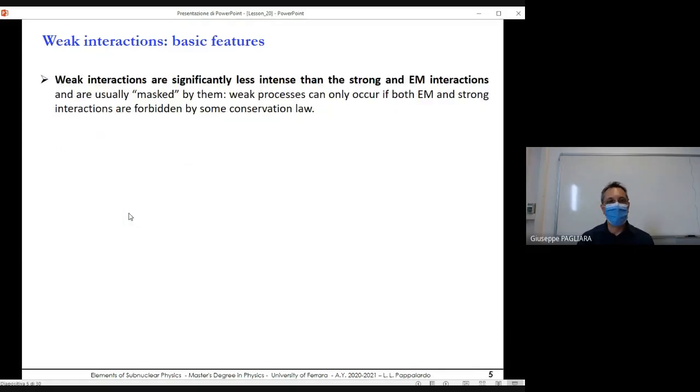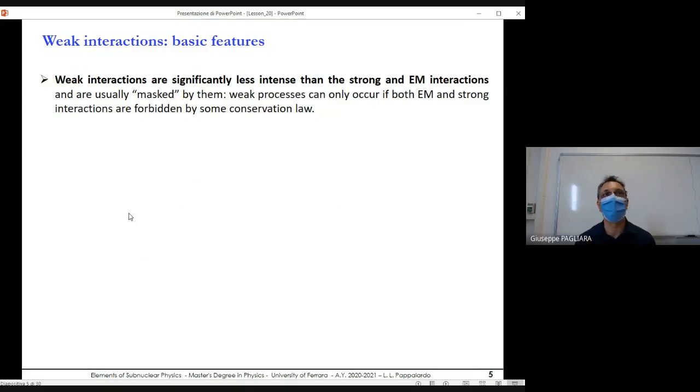Now, weak interactions are significantly less intense than the strong and the electromagnetic interaction, as the name says itself. And in practice, they are usually masked by them. By this, I mean that a weak process can only occur if both electromagnetic and strong processes are forbidden by some conservation law. We already saw some examples in the past and also in some exercises.